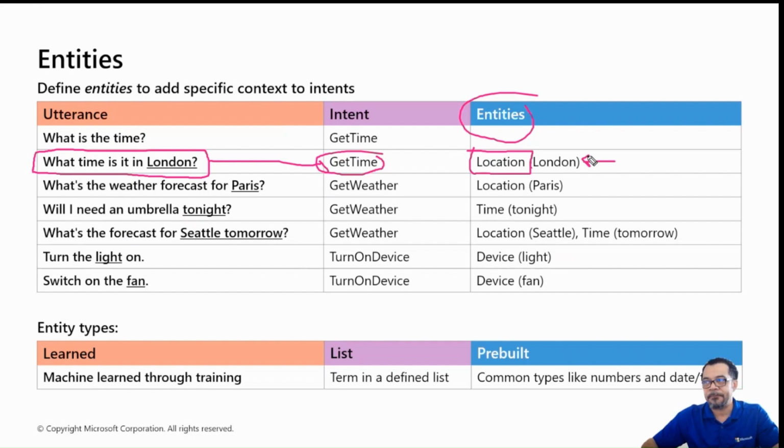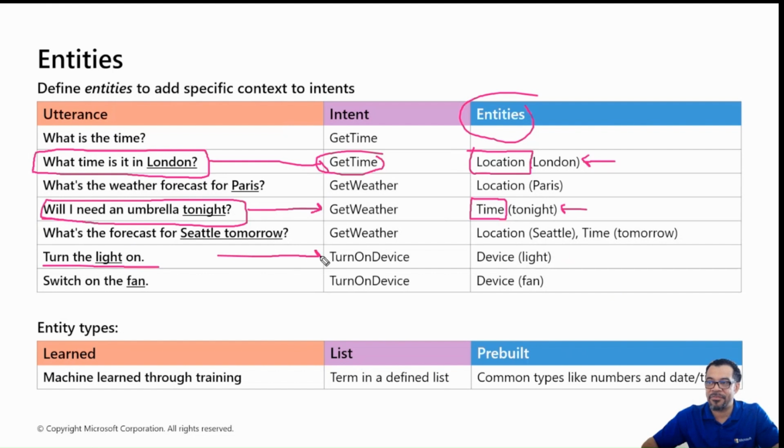Now, if you look at this one here, well, I need an umbrella tonight. Again, what is the purpose here? The intent is to get the weather. But if you notice here, the entity type in this case is a unit of time. So we're looking for time, and in this case, it's tonight. Or turn the light on.